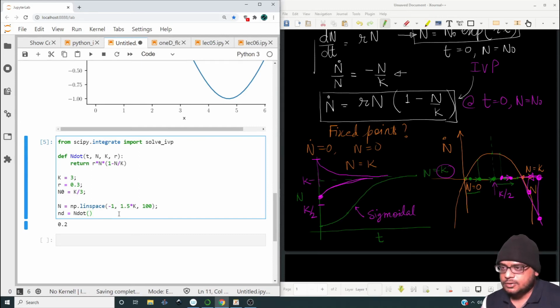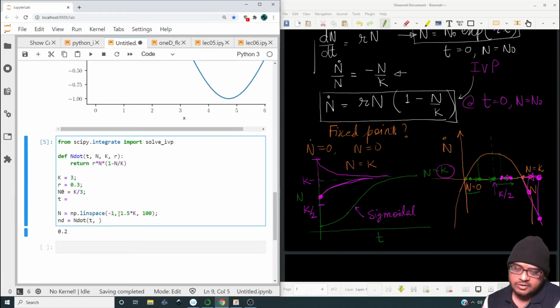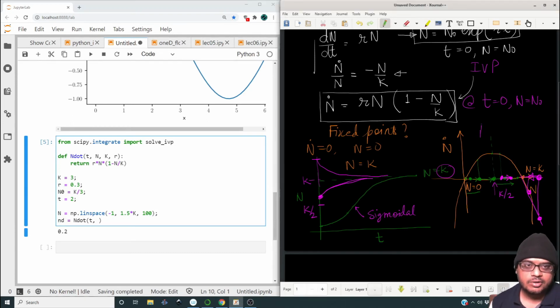So it will be n dot t comma, so we have to define what t is. Although the function is autonomous, we still can pass some time, so 2. And actually this plot is independent of time. We are not plotting the time dynamics on this plot, we are just plotting the phase portrait. That's a very important thing to appreciate.